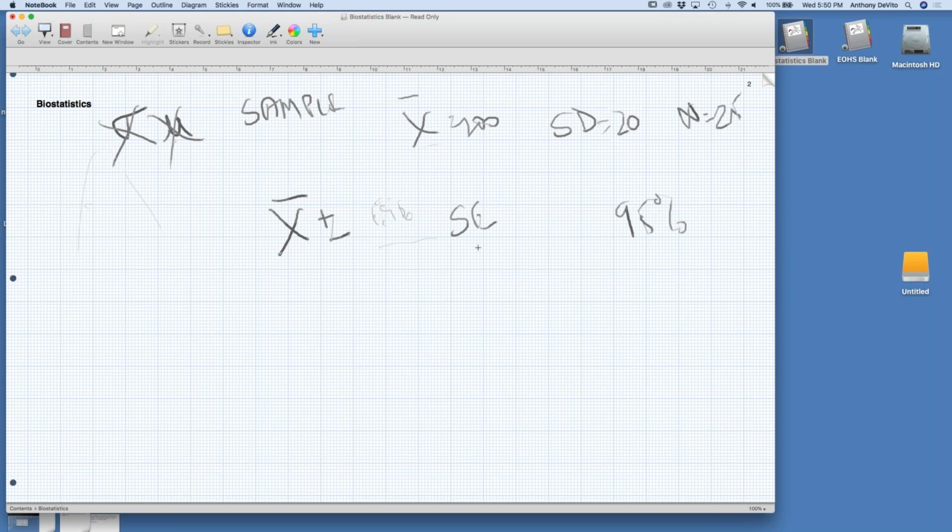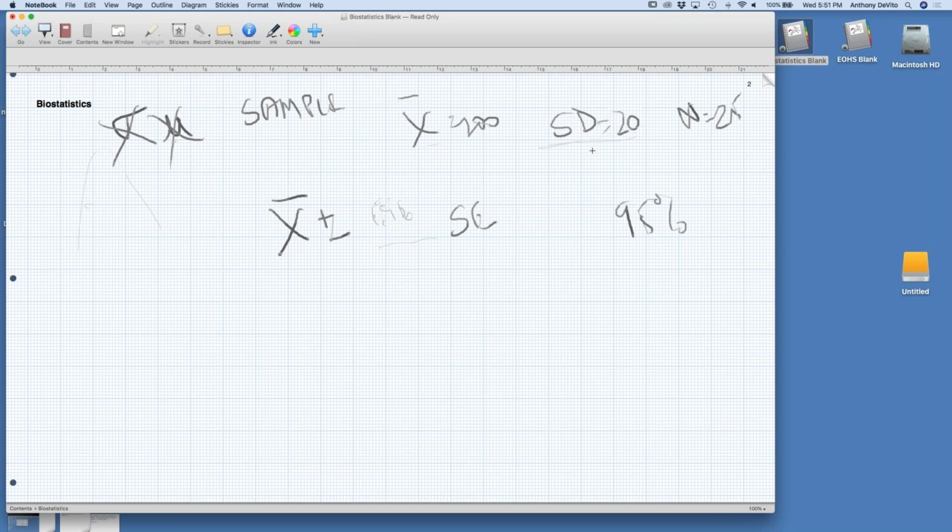Well, now I need a wider interval because I don't know the true population standard deviation. I don't know really how spread out it is. I'm estimating that it's 20, but I don't know it for sure. That's based on the sample that I took.